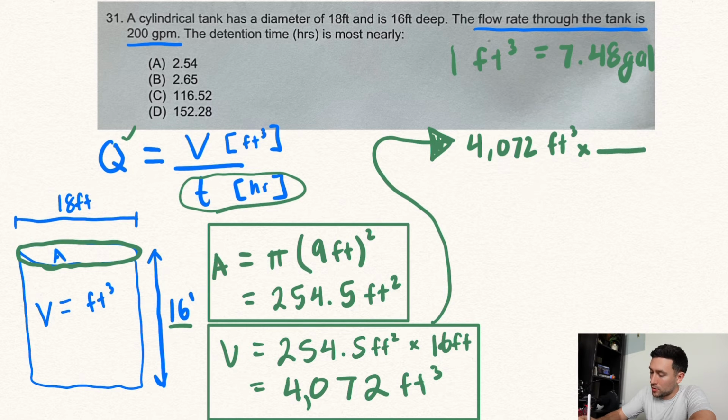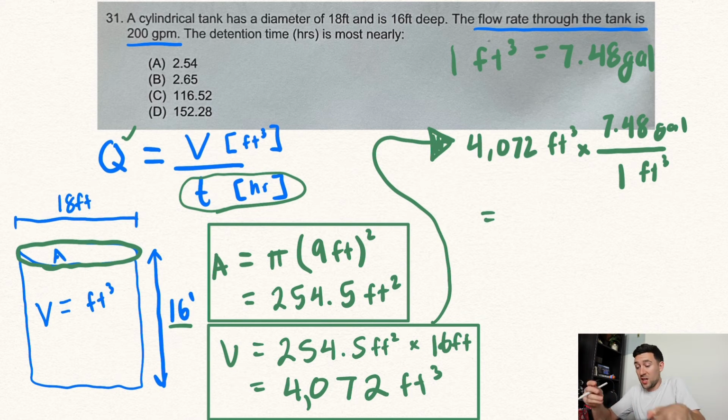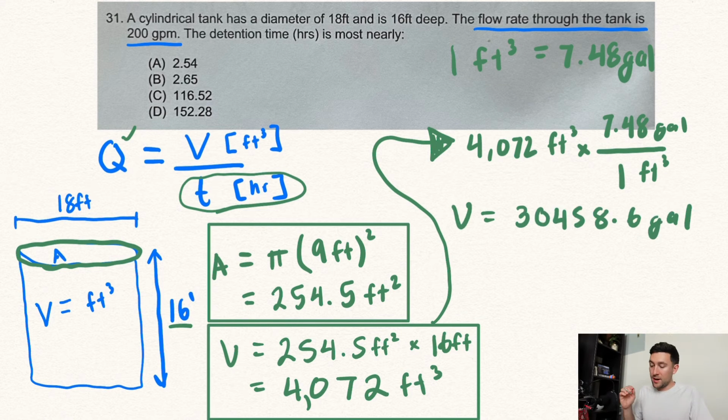In order to do that, since I want the cubic foot to cross out, I'm going to put the cubic foot down there and then multiply by the 7.48 gallons. And this is a lot of gallons, guys. So we're going to multiply that by 7.48. That is quite a number.